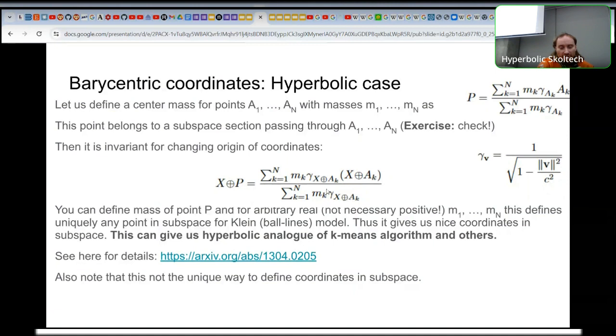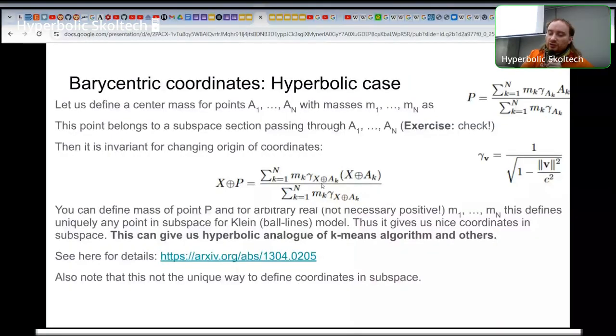Actually, the proof is purely computational. The miracle here is that in general we don't have distributivity, but if we compute the left-hand side and the right-hand side, they coincide. And let me note that here it is just a Euclidean sum, not a gyro sum.